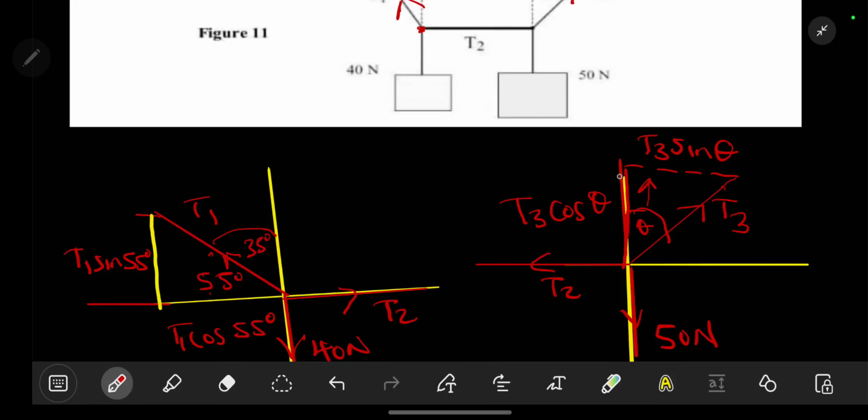So even here it is t3 cos of theta, because this is in the y-axis. These sides are equal, so even here it is t3 sine of theta. The x-axis has now become t3 sine of theta, like that.